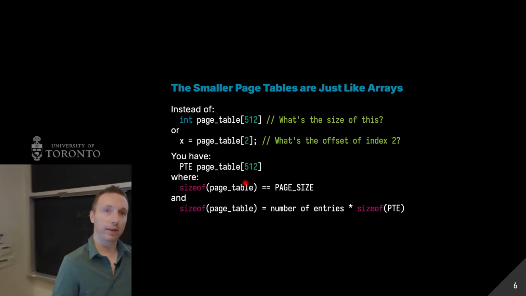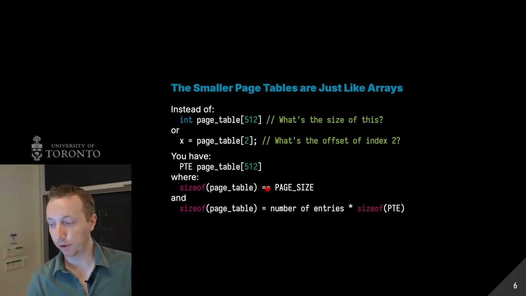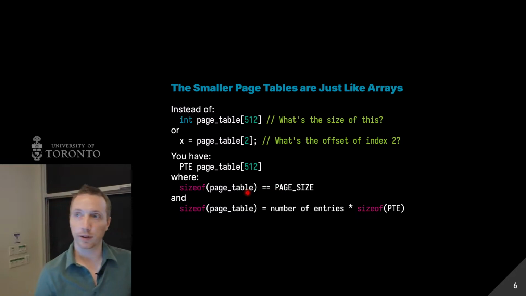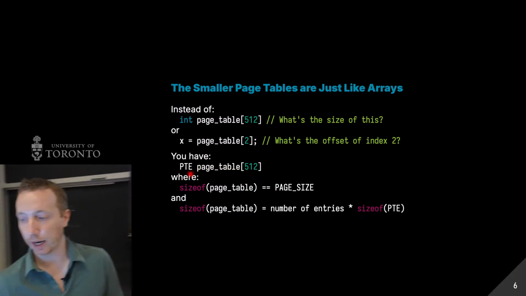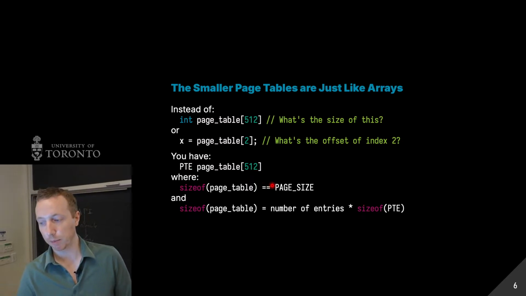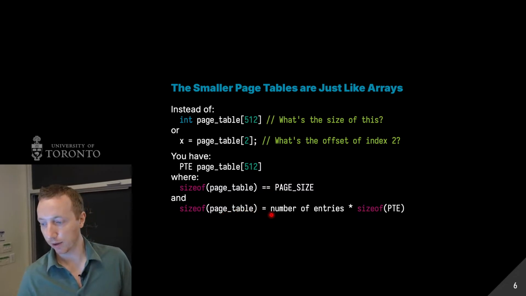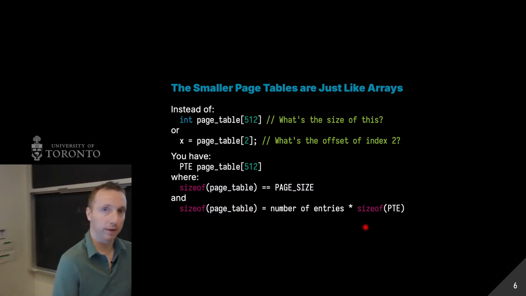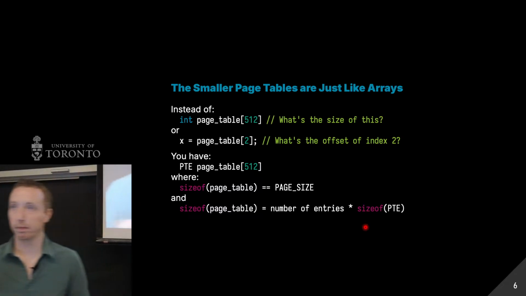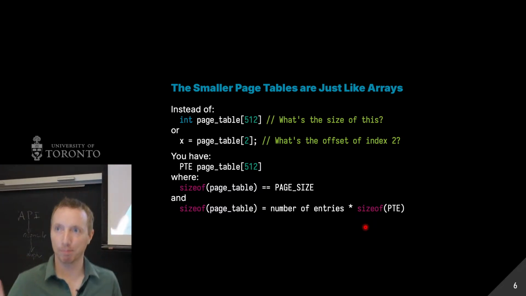And in this system, these equations should all be equal. So the size of the page table, the size of an entry times how many entries there are, should be equal to the page size. And the size of the page table is just an array, so it's just the number of entries times the size of the page table entry. So just like an array, nothing's special.